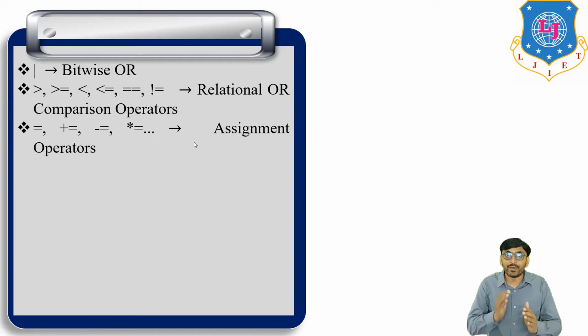So this is one by one which operator operates first, then second, then third, if multiple operators are present in an example. Okay.